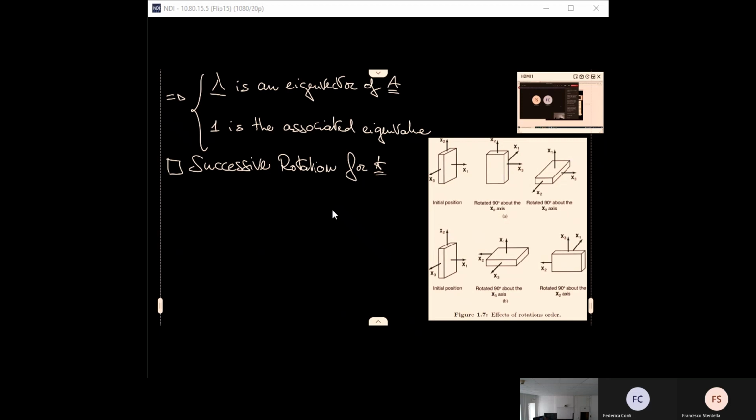Well, if the axes of rotation are parallel, right? If I rotate something by an angle alpha about an axis of rotation, and then I take another axis of rotation, which is not the first one but is parallel to it, and I rotate by an angle beta, then if I do the opposite, I end up with the same configuration.